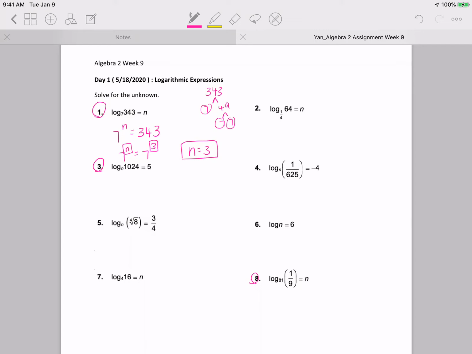Okay, number 3, we write it as n to the 5th power equals 1024. I'm going to use another color. n to the 5th power equals 1024. 1024, I gotta break it down. That's a really big number.